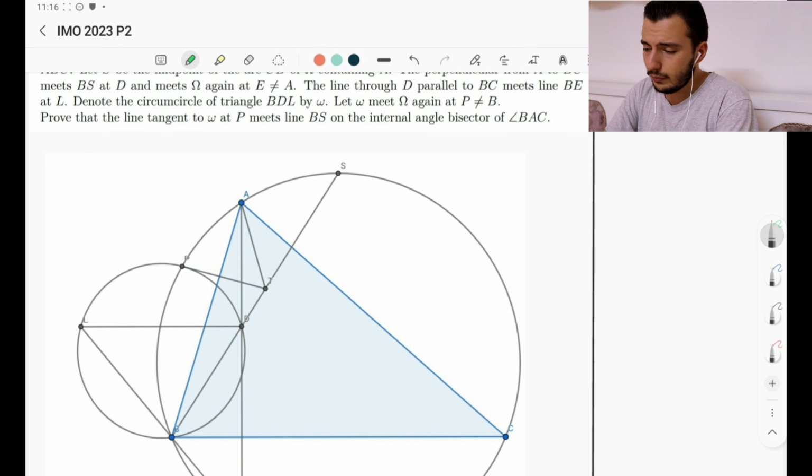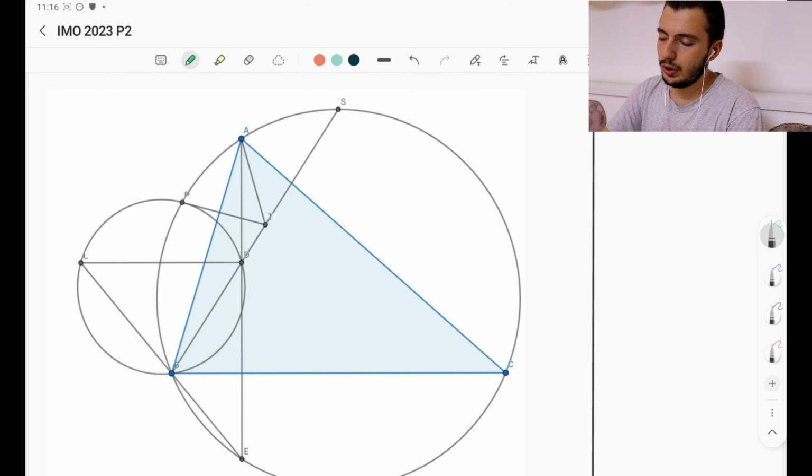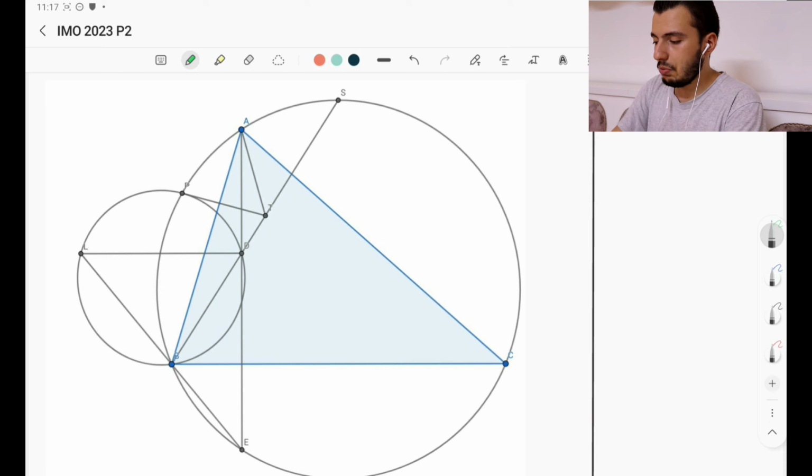All right. Okay, so let's see what we have in our diagram. First of all, we have triangle ABC. Let's analyze our points one by one, because this is a very important step after we draw the diagram.